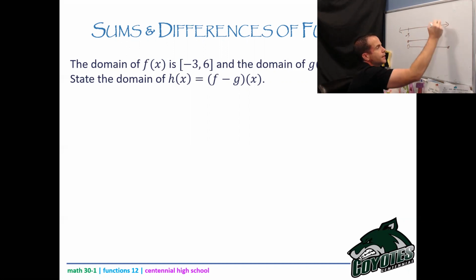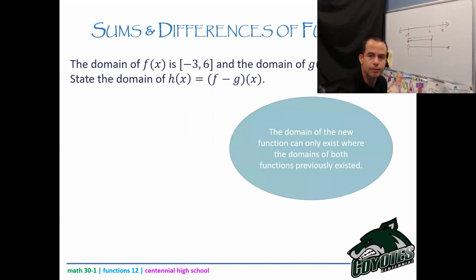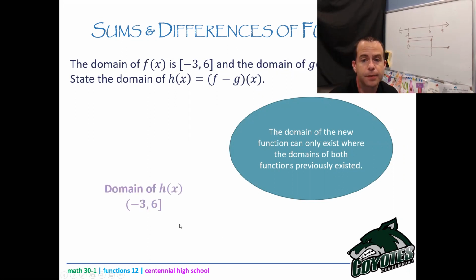Okay, and so the overlapping region would be -3 to 6, except I can't be at -3 anymore. So the domain of the new function can only exist where the domains of both functions previously existed. So we end up with -3 to 6.